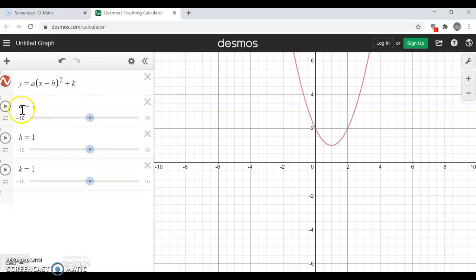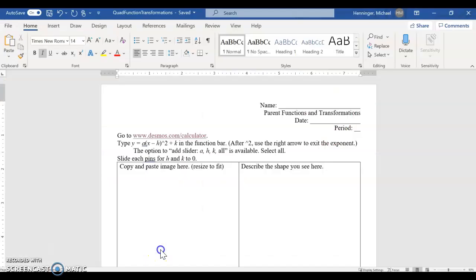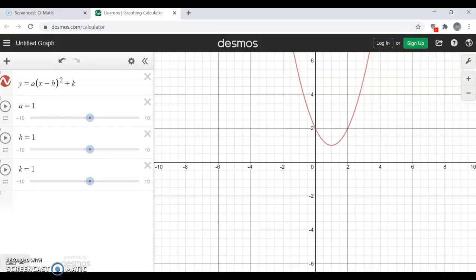Now it defaults all of these to 1. In the directions on this assignment, it tells us to slide the pins for h and k to 0. So let's come back here, and a we'll leave alone, but h is at 1, we'll slide it to 0. k is at 1, we'll slide it to 0. All right, so this is what we want.